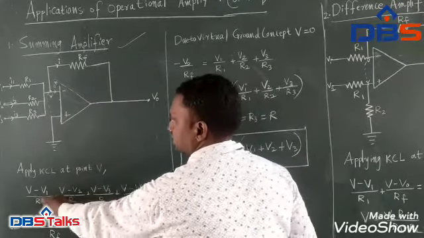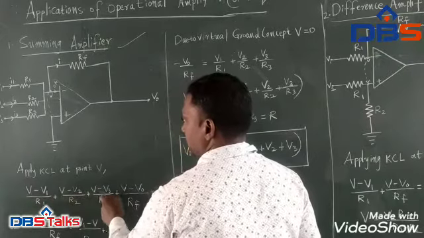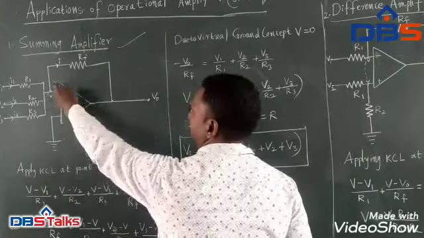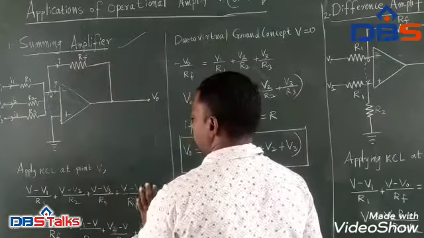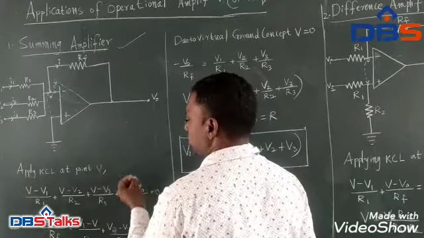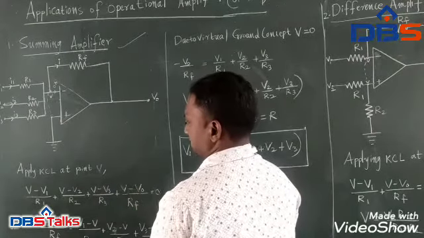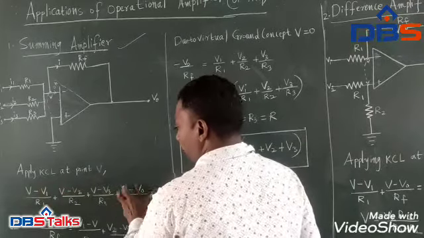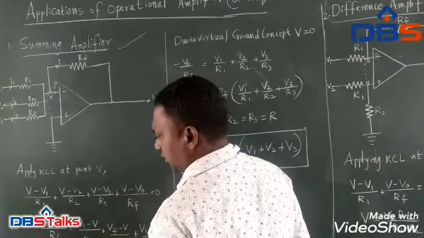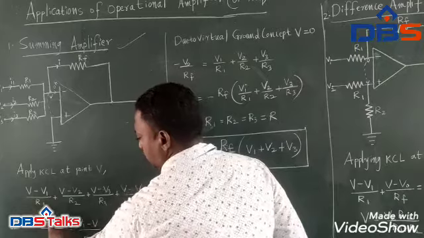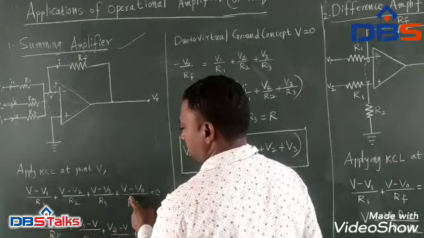What is the meaning of this? This is I1 plus I2 plus I3, plus I. So the sum of the entering currents is equal to the sum of the leaving currents. Now if you rearrange the terms, I am giving V minus V0 by RF as it is.